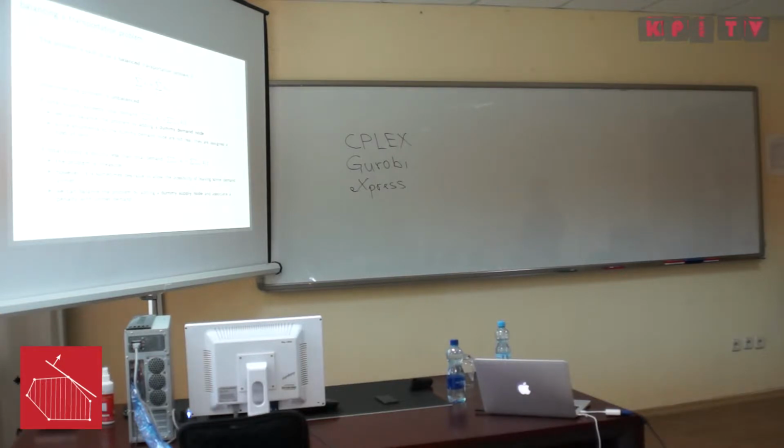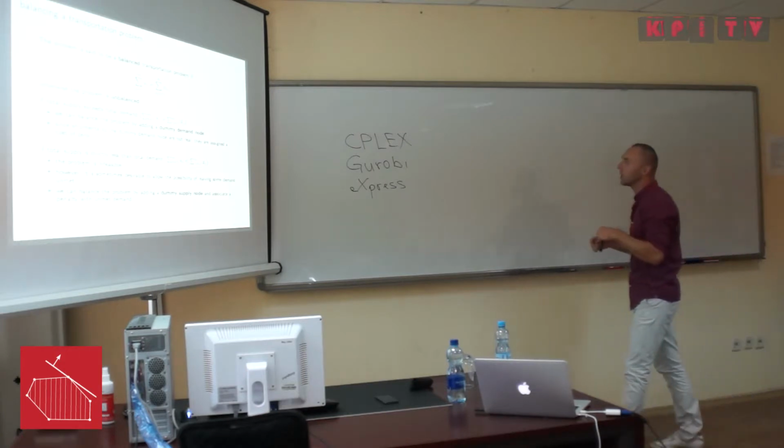They compete constantly with each other, and one version of one of these will be better in a particular class of problems, then slightly slower in another class of problems, so they're constantly making things very sophisticated and very fast.